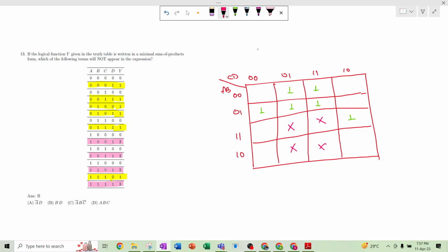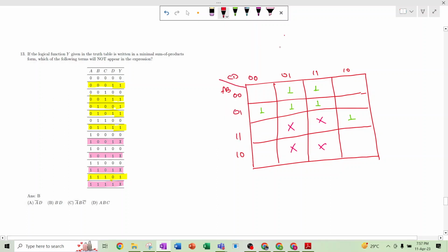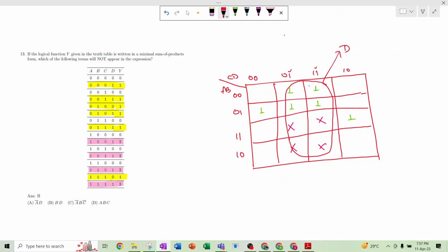So what are the groups that we can form easily? Here we can form this group using these 8 terms. Okay, so a and b are both changing, only d is fixed, so that means only d here.